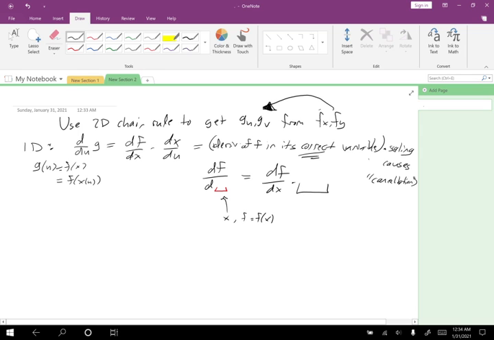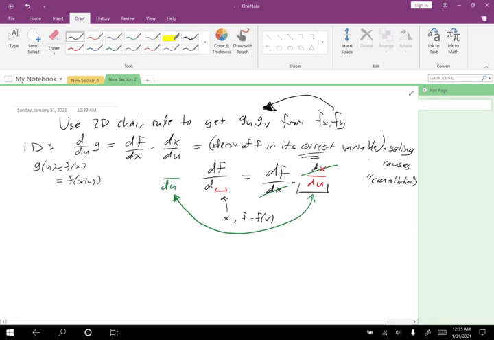The only thing I can put here is dx du. Why? Because we need cancellation. The cancellation I'm talking about is the x's will cancel. So this will give you that du on the bottom that we want. Okay? That's how you do the chain rule.